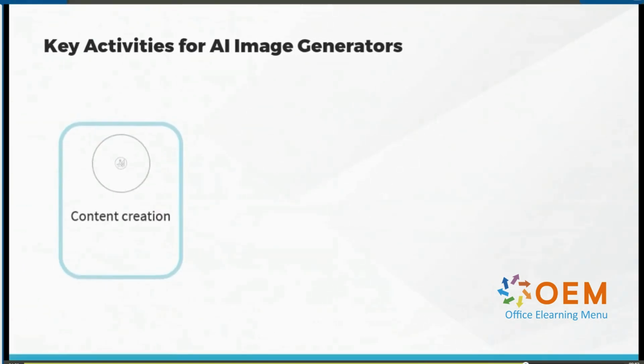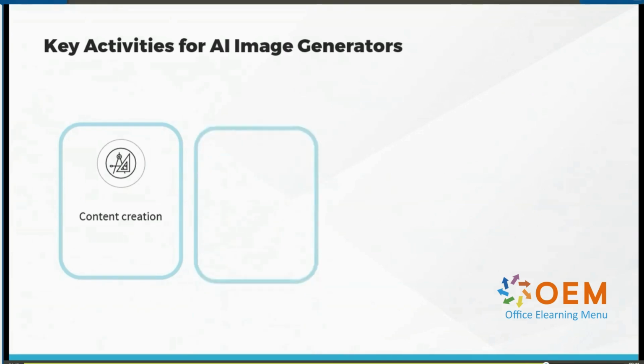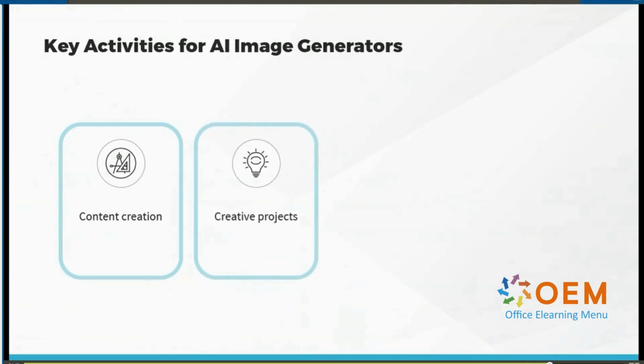So what are some of the key activities for our AI image generators with these methods? Well, the first thing is we obviously have content creation. We can enhance articles or social media content with these engaging images. But we also have creative projects, where I can use AI generated images as some type of inspiration or starting points for any type of artistic endeavor that I may have.